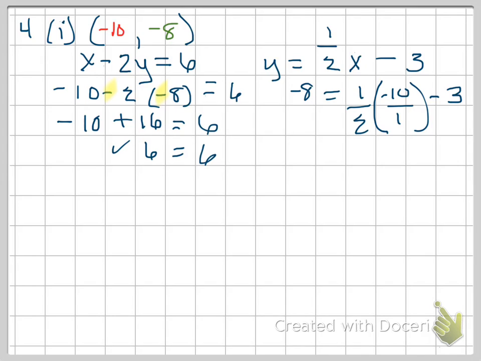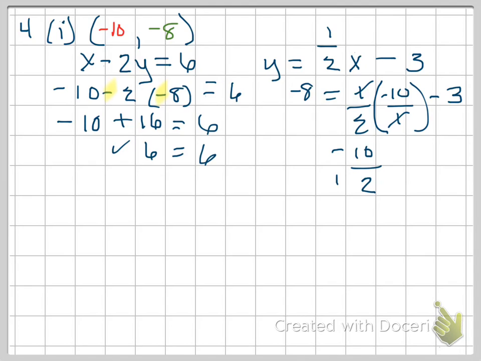Okay, so let's attack this. This is 1/2 times negative 10 over 1. So the opposite operation of multiplication is division. So 1 divided into 1 cancels each other out. So we are left with negative 10, simplifying this, over 2.